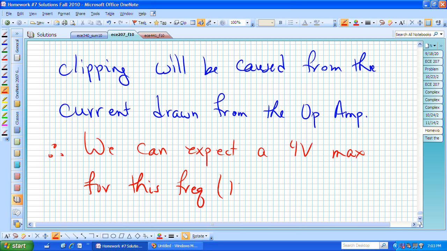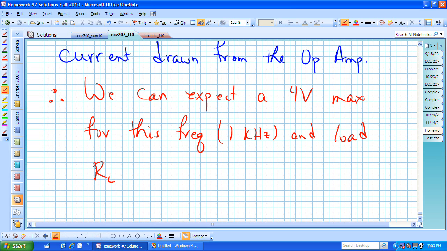Our frequency in part B was 1 kilohertz, and from this load, for this frequency and load, where our load was R sub L equal to 1 kilohm, or 1,000 ohms.